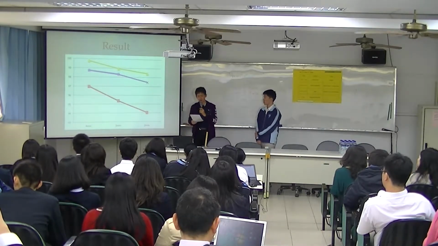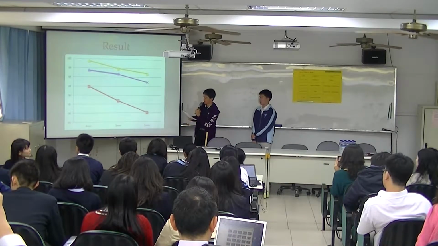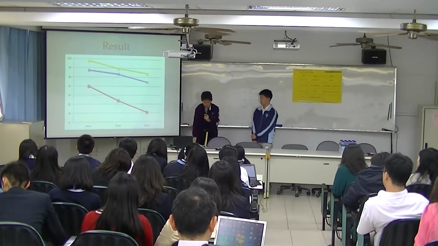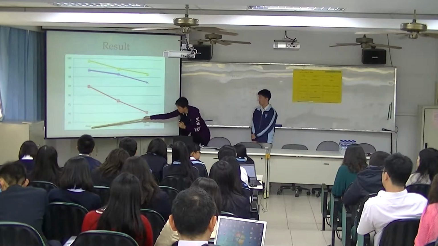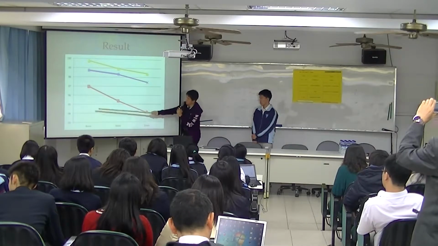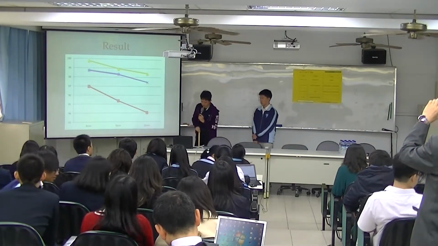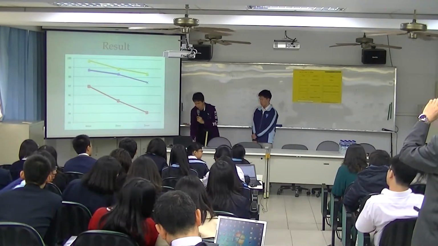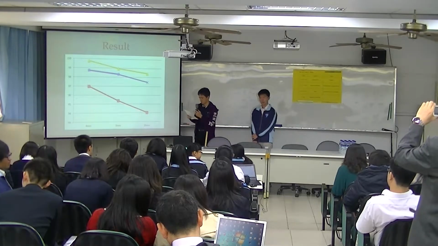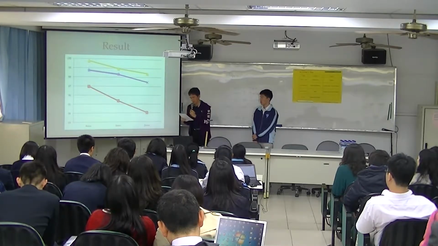Next, I would like to talk about the experiment results. From the top, the graph lines represent the results of aluminum, brass, and copper tubes. The horizontal axis stands for the diameter of the tube, and the vertical axis shows the percentage of sonic velocity. As you can see, copper shows the biggest decrease in speed.